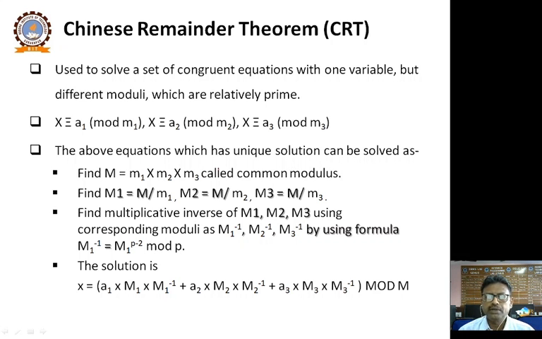This theorem is used to solve a set of congruent equations having one variable but with different moduli, and those moduli must be relatively prime. Moduli is the plural of modulus. When we talk about a single congruent equation, x is equal to a mod m, m is called the modulus.